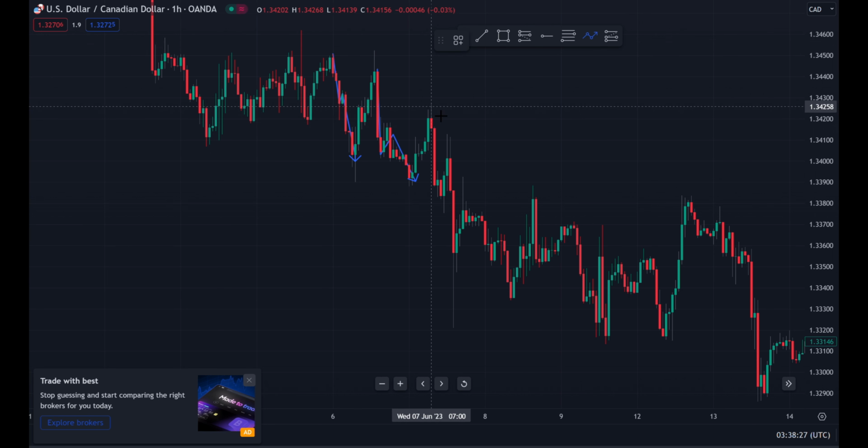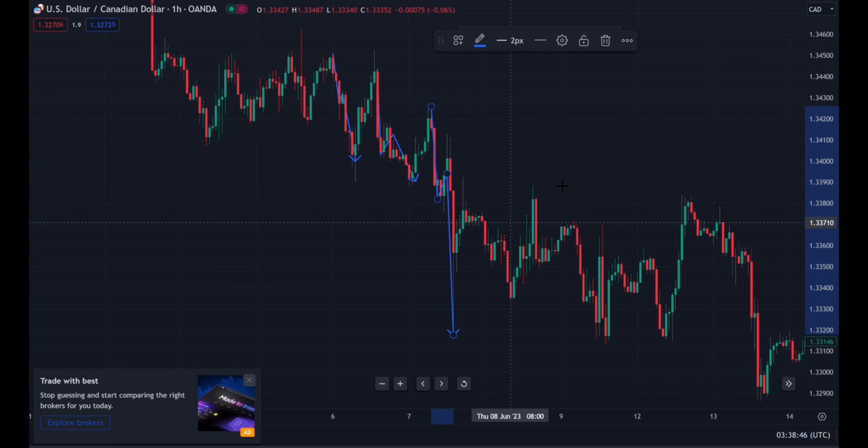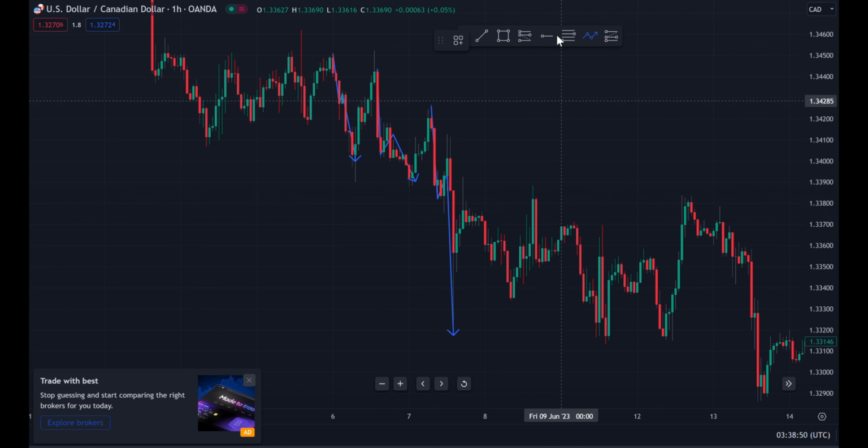It's two drops. If you hear me say pullback, that is the end of the drop. This is a drop, pullback, another drop down here. This is just a retracement, not a pullback, retracement. I hope you have understood.